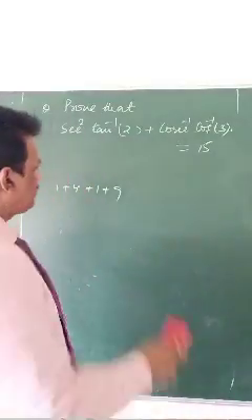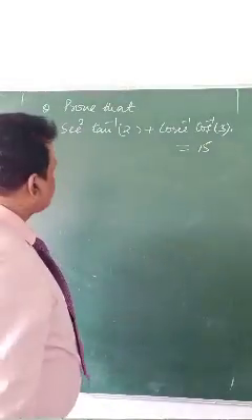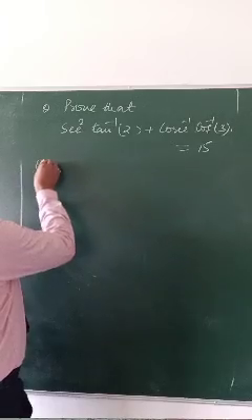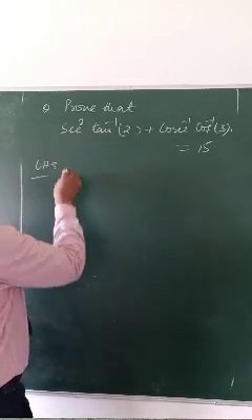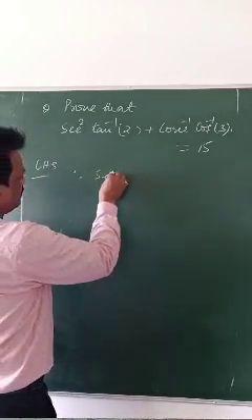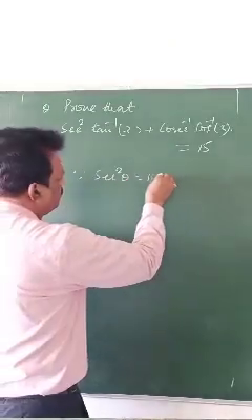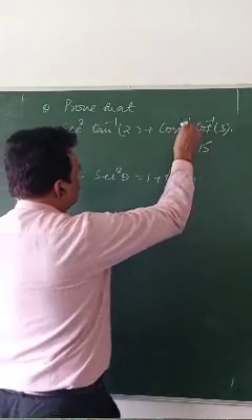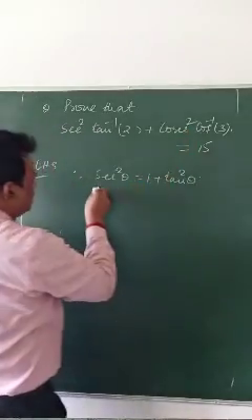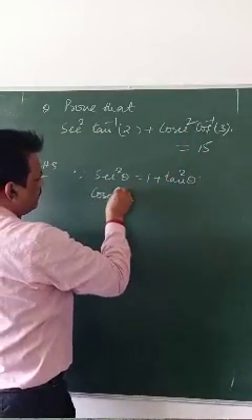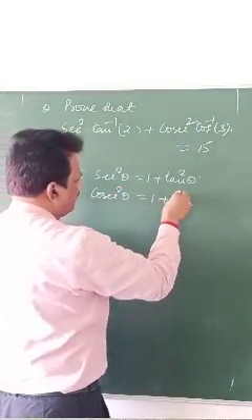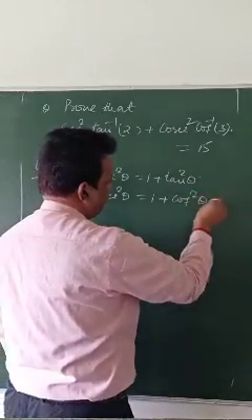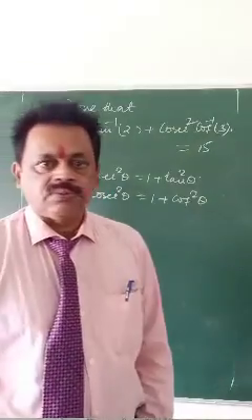So how to prove? Look at the left hand side. Sec square theta is 1 plus tan square theta, and cosec square theta is 1 plus cot square theta. This you know.